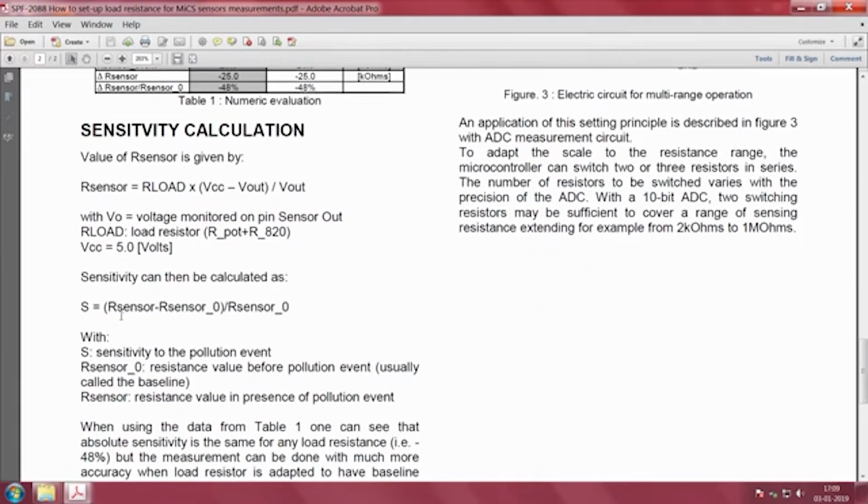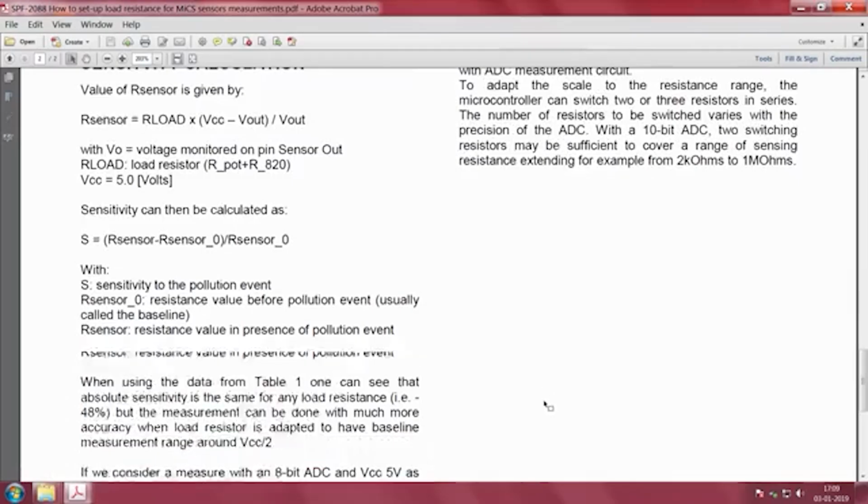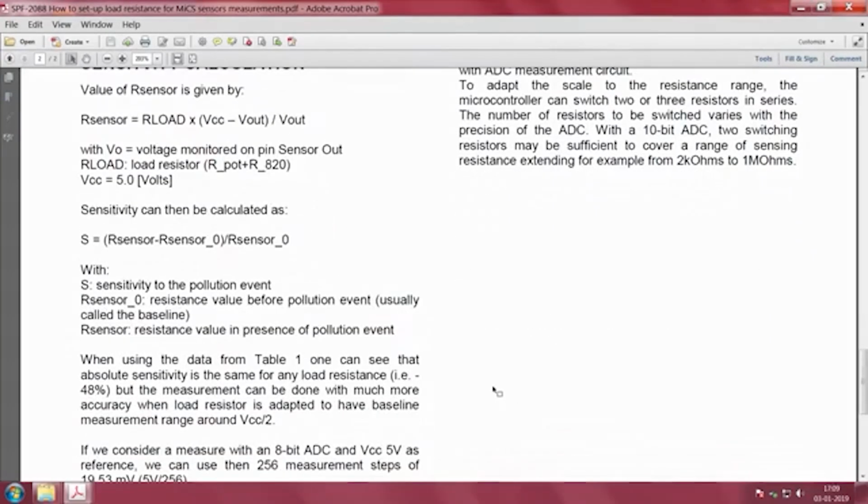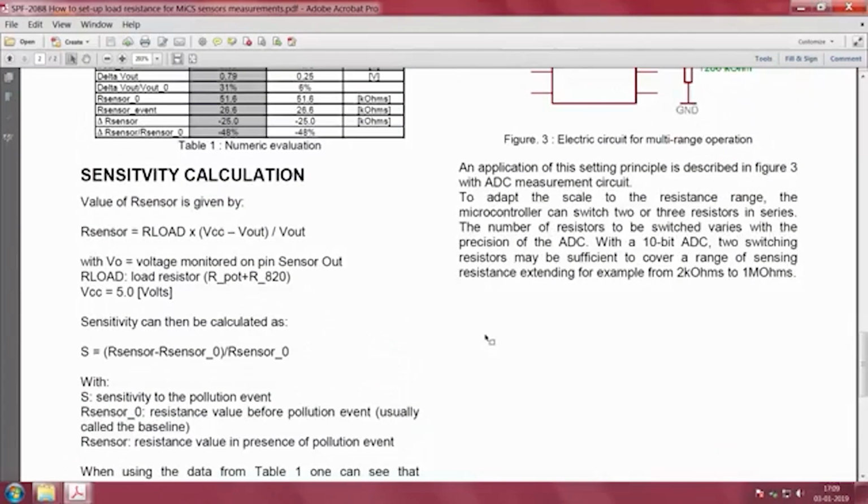Sensitivity can be then calculated as R sensor RS minus R0 divided by R0. R0 is resistance value before pollution event, RS is the resistance value in the presence of pollution. From table 1, one can see that absolute sensitivity is the same for any load resistance.